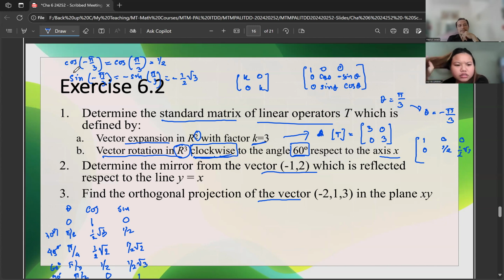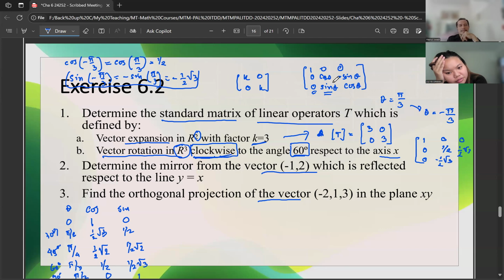Yeah, because sine is minus. And we have here minus, so minus minus will be plus. Okay, so now this will be 0. Yeah, this is 0. And now this is sine again, which will be minus a half square root of 3.